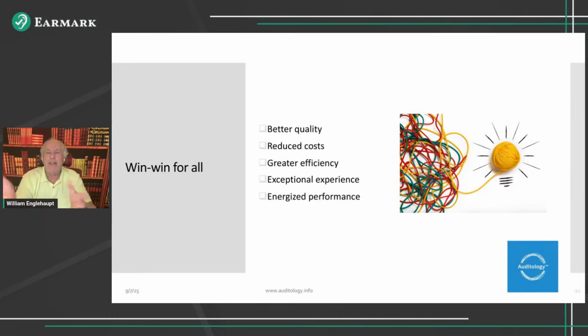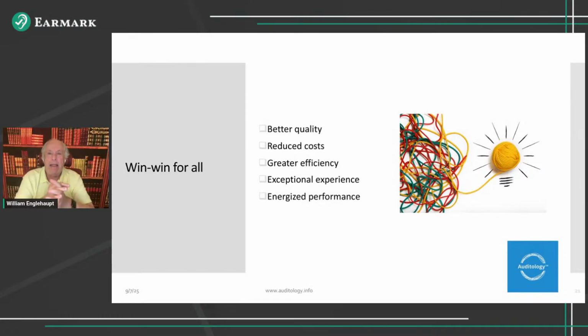And then when you talk about the exceptional experience, it really has an impact both on the team themselves, the individuals, because they're spending their time doing the stuff they want to do, right? Which is, let's go have some good audit experiences. I don't want to sit late hours on a Friday night or on a Saturday cleaning up stuff that should have been fixed right the first time some time ago.